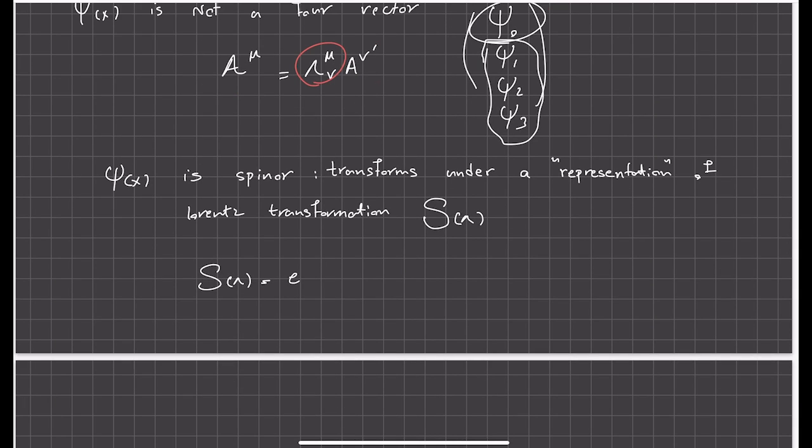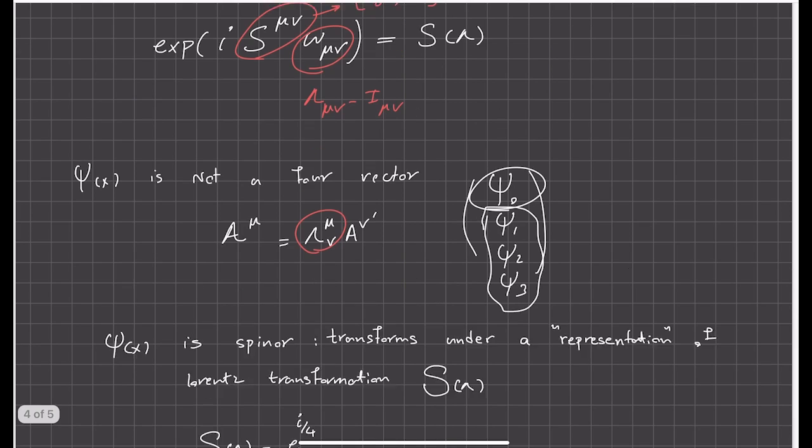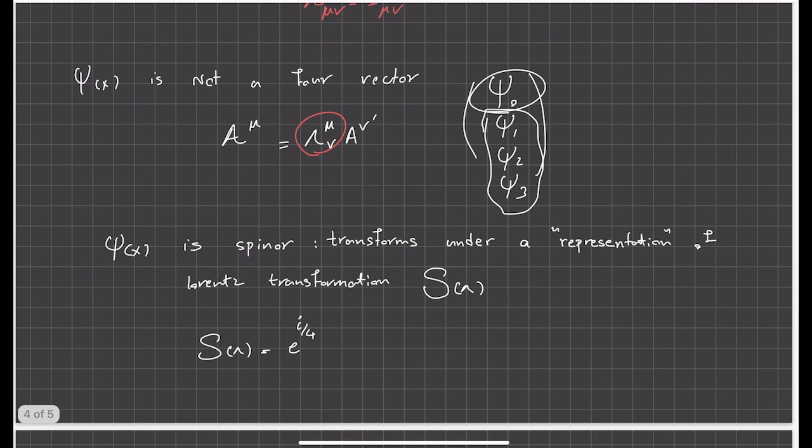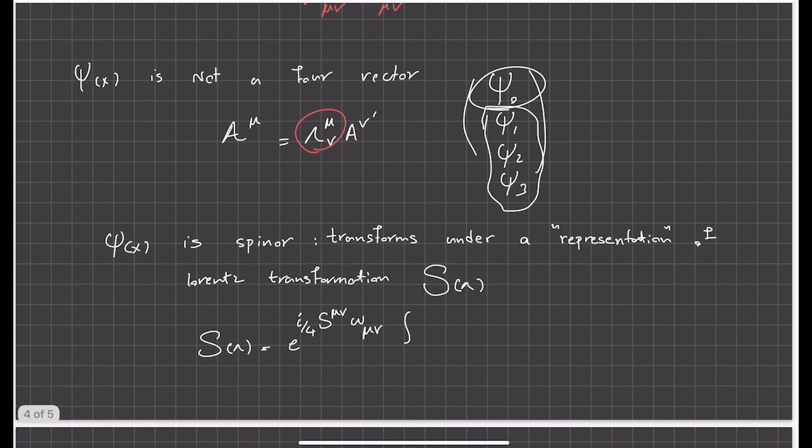It's the exponential term of i over 4. I mean, this 4 is a convention here, but we have this S mu nu acting on this angle omega mu nu, which we already explained. Omega mu nu is basically the Lorentz transformation, lambda mu nu minus I mu nu, minus identity.